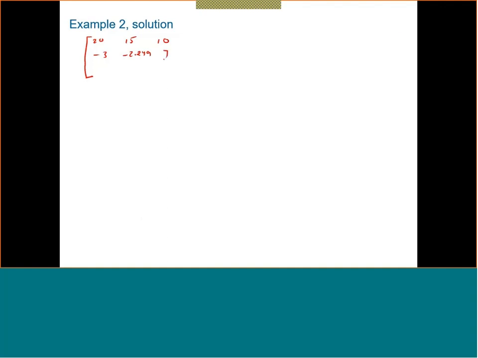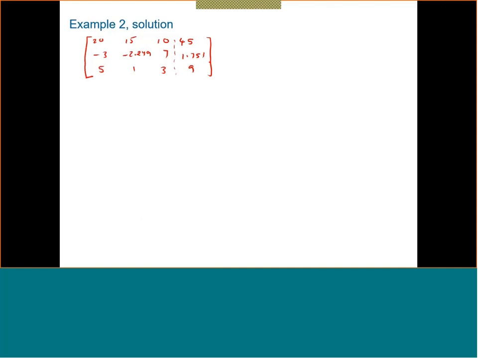Then I will have 5, 1, and 3, and then 45, 1.751, and 9. Okay, so this is my system.